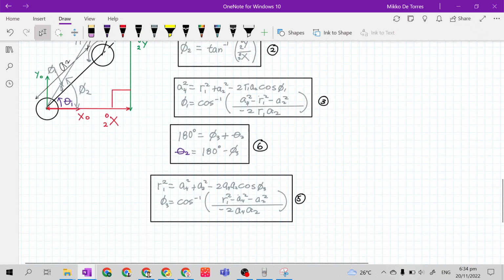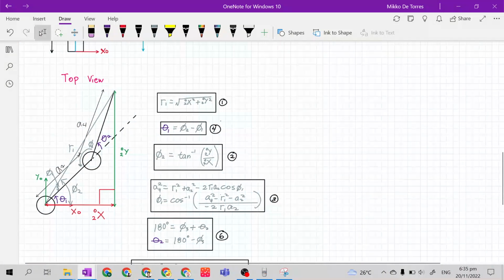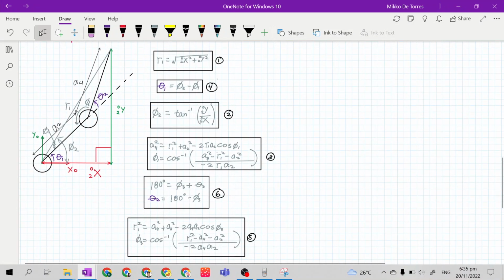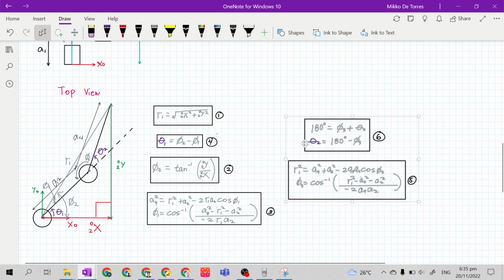So this is the graphical method. You will solve it in this manner. So this is 1, this is 2, this is 3, this is 4, this is 5, and this is 6.